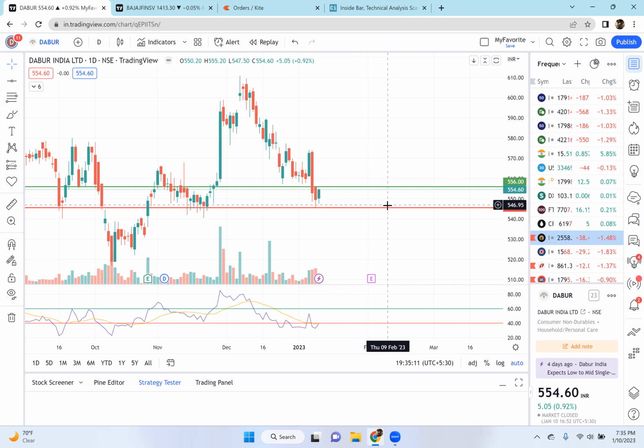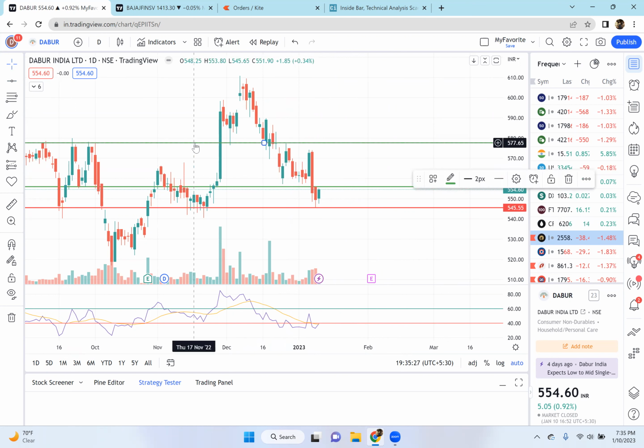So this is how you do your analysis and you identify. For example, you look at 27 December, same Dabur. 27 December and 28 December. 28 December is an inside candle, right? So you see what happened on 27th and 28th.